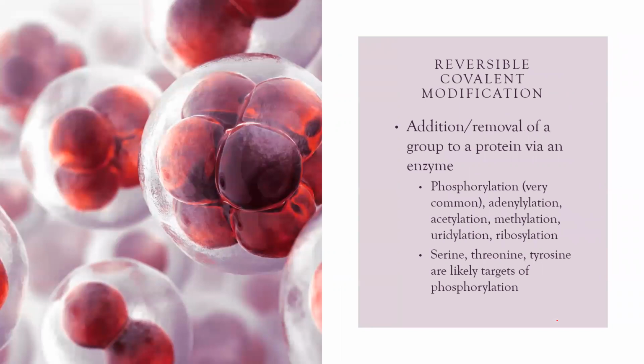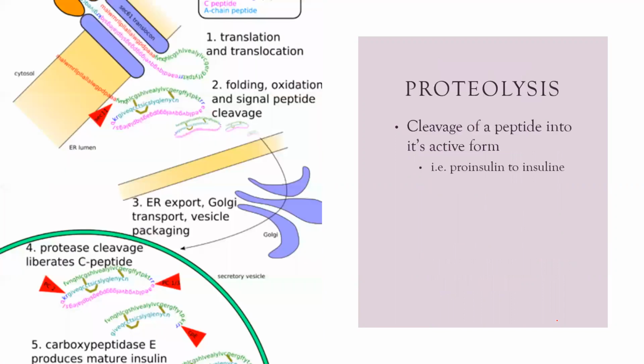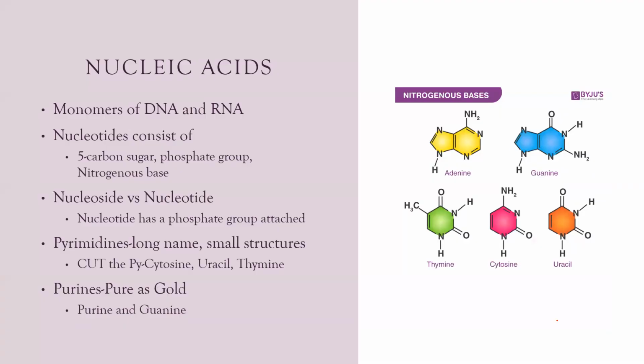Reversible covalent modification: phosphorylation, adenylation, acylation. We talked about that a little bit. Does anyone have any questions on those? Proteolysis, cutting a peptide to make it active. Oh man, I have a lot to go through.